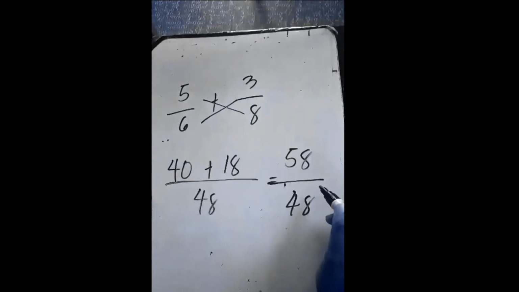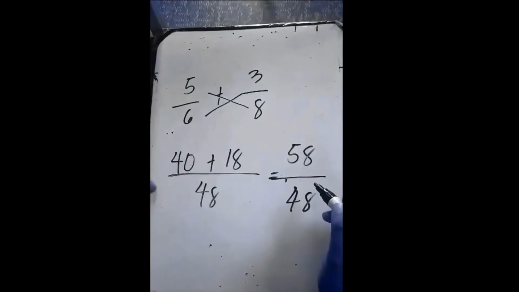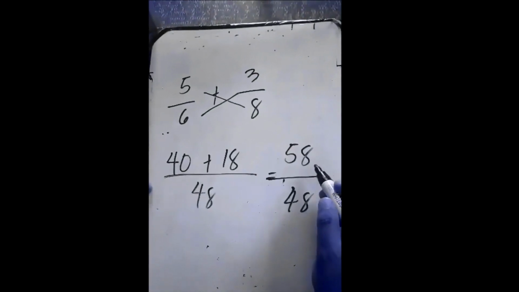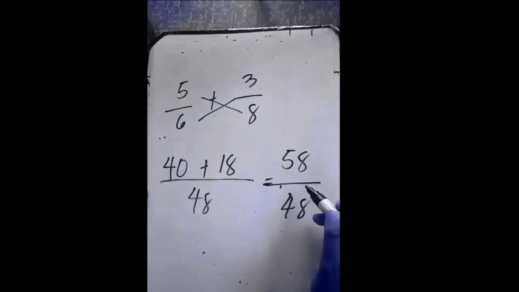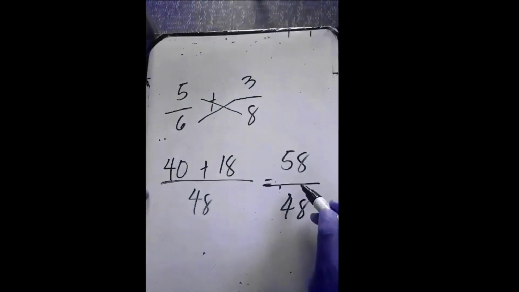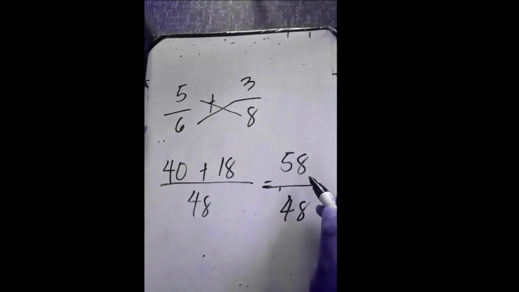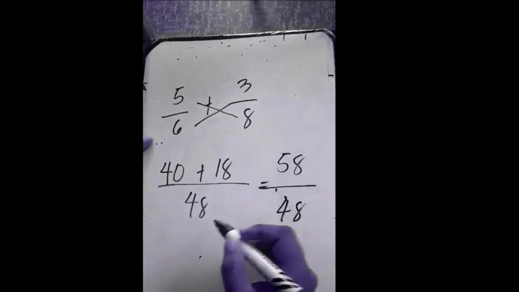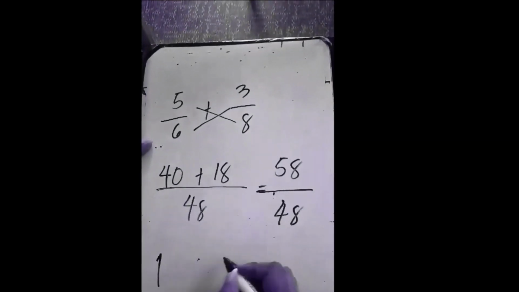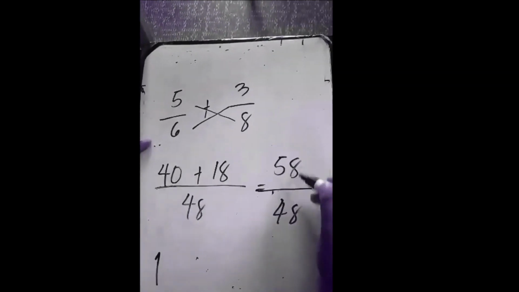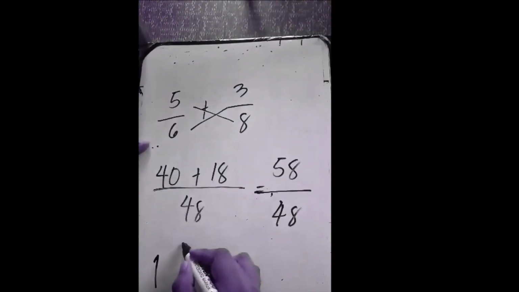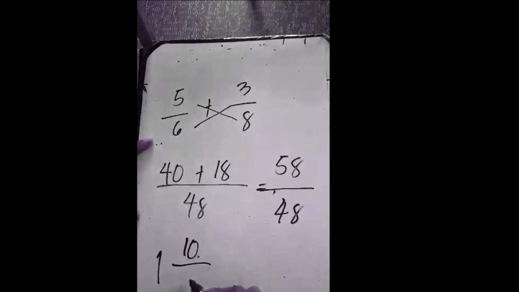Now we need to simplify this. This is an improper fraction, and we just need to ask ourselves how many 48s are there in 58. We know that there's only one, so we have 1 as our whole number, and subtracting 58 minus 48, that's 10 over the denominator 48.